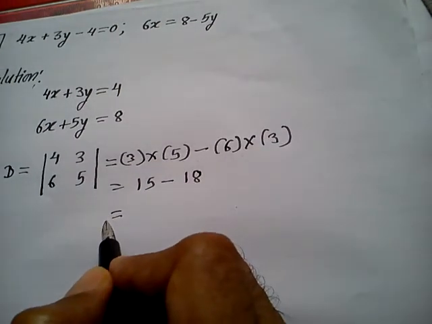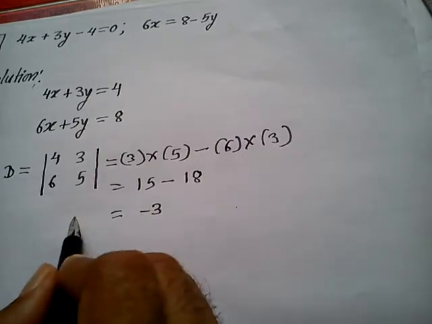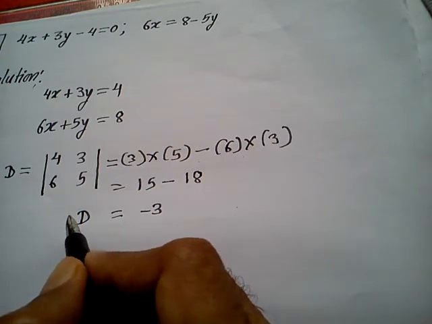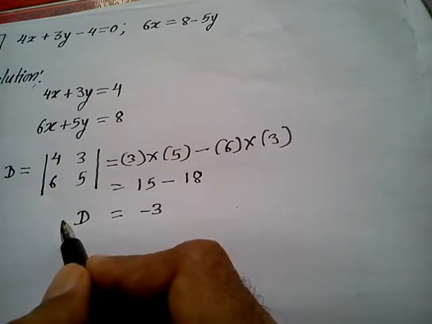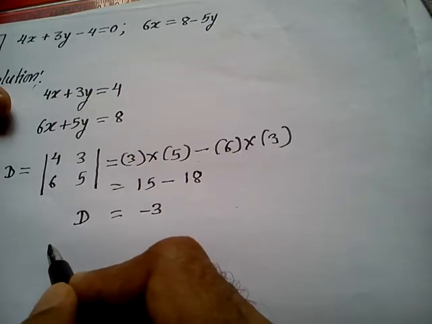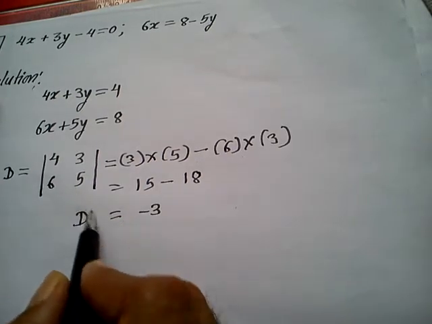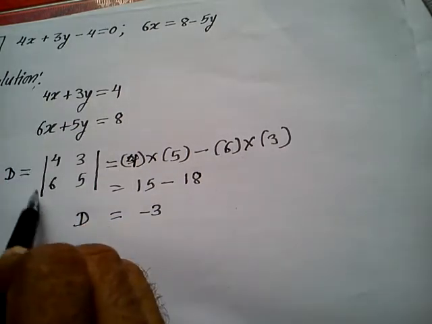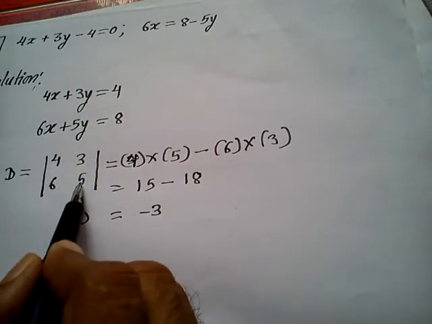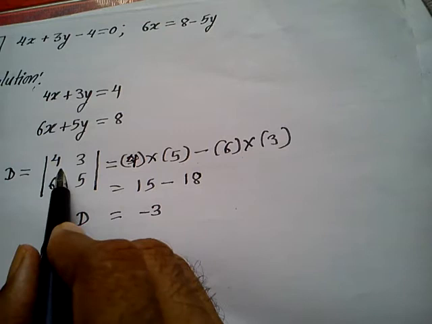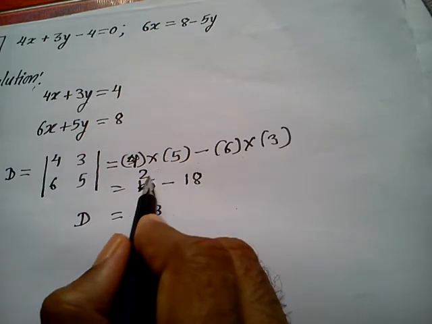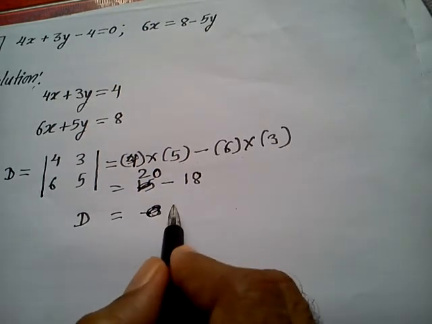What will be d? d is equal to, sorry, check here just 4, equation check, 4 and 5 here, cross 4 5s are 20 here, 20 minus 18, that will be 2.